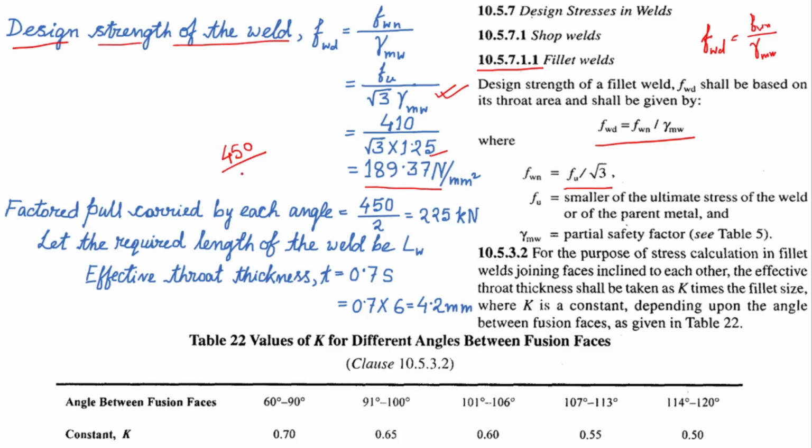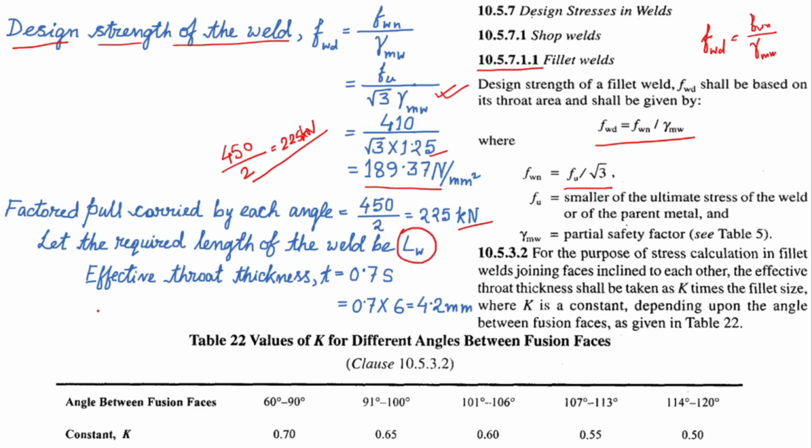Then each angle will carry 450 by 2 kilonewton of load, that is 225 kilonewton of load will be carried by each angle. So next, let the required length of the weld be LW. Let us assume this is the required length.